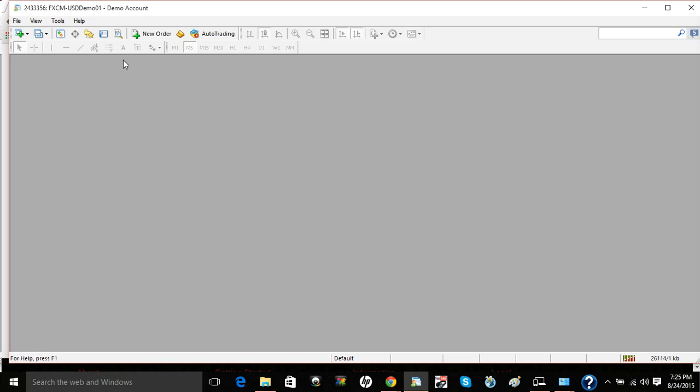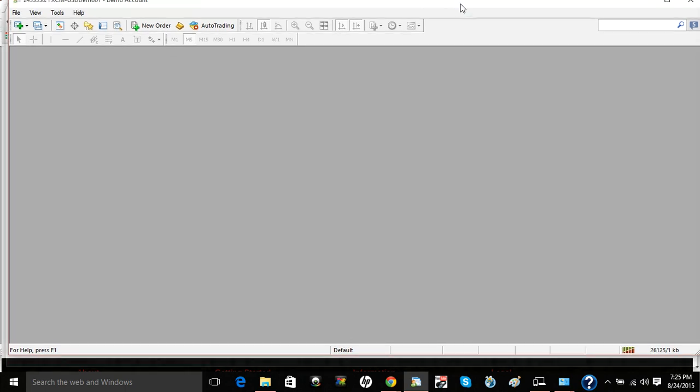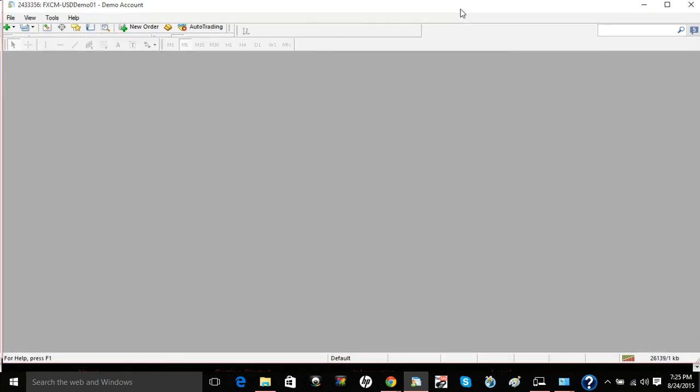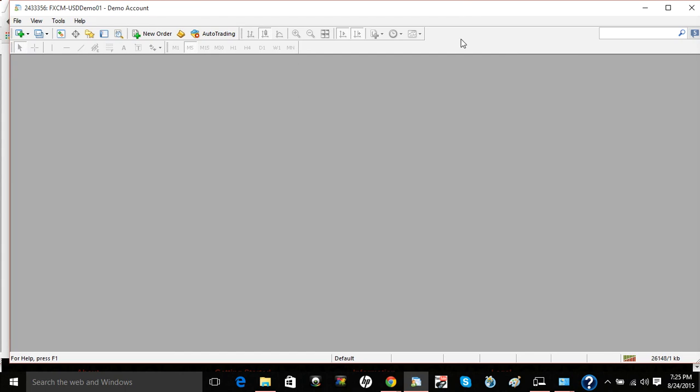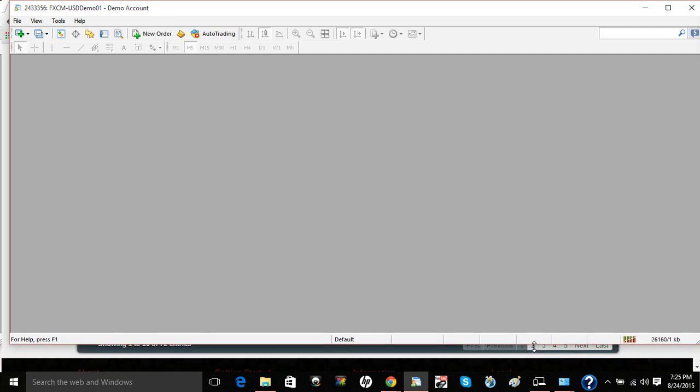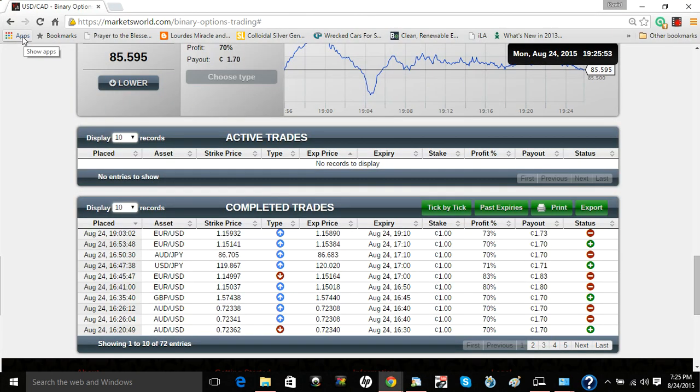Okay, when you first start out, it's going to look like this. Let me try to minimize this a little bit so I can see. All right, click on this right here, new chart, and just start adding all the currency pairs that are listed here.